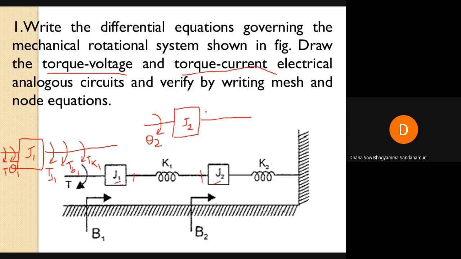The angular displacement is theta 2. Opposing torques are: one is due to J2. Another opposing torque is due to K1.